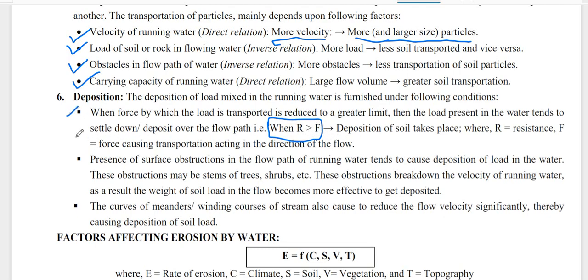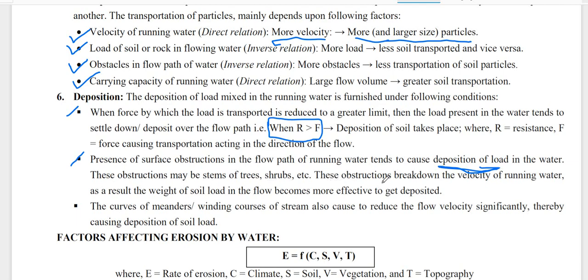Okay. Next it says that the presence of surface obstruction in the path of the flowing running water tends to cause deposition of the load in the water. Same thing: if obstacles come, then it is good for deposition. These obstructions may be stems of trees, shrubs.